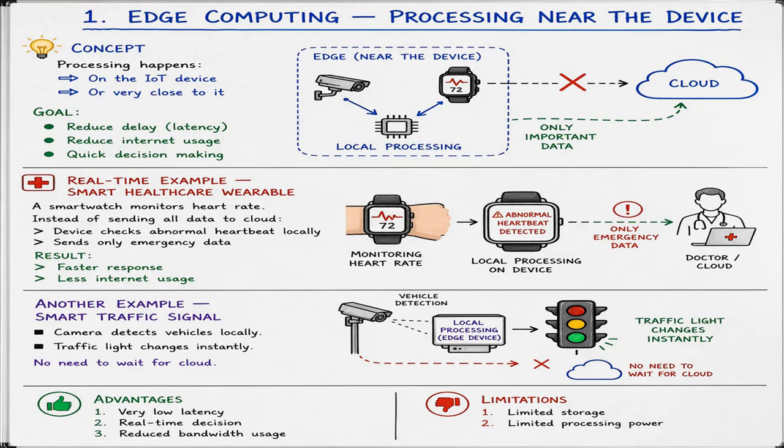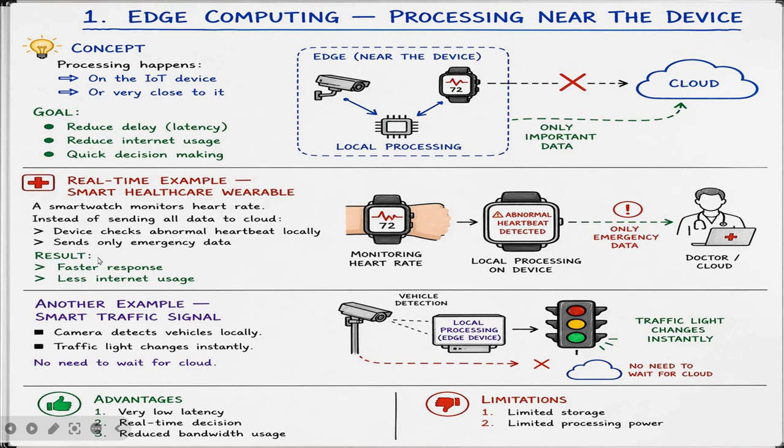Instead of sending all the data to the cloud, the device analyzes the heart rate and detects unusual patterns instantly. There is no need to wait for external processing, and only critical alerts are sent to the doctors or the servers, and this reduces the unnecessary data transfer.